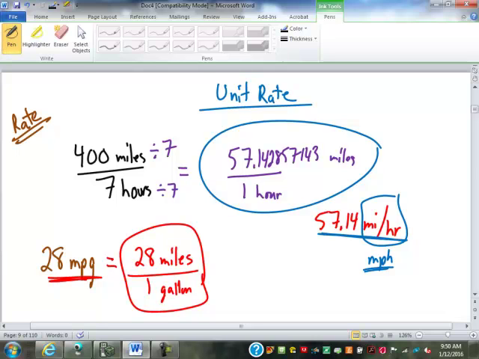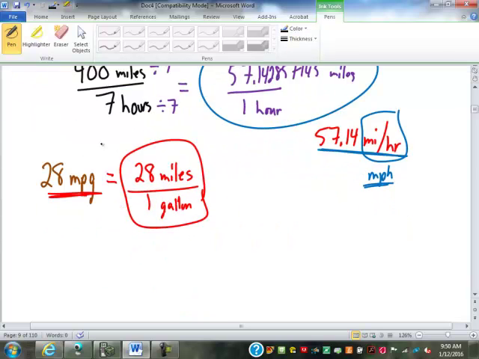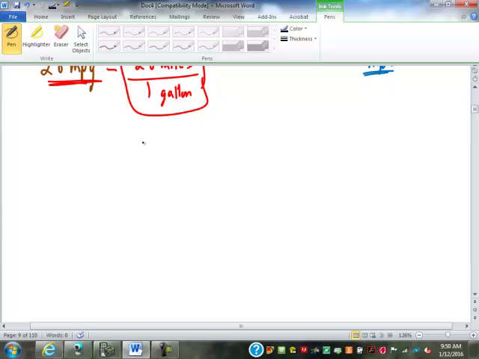So for rates, there are all sorts of rates out there. We just saw miles per hour, miles per gallon, a lot of other rates that you might run into. Probably the most common one and most important one in your lives right now might look like this. That's a rate. Your wage is $11 per 1 hour. You can look at consumptions.